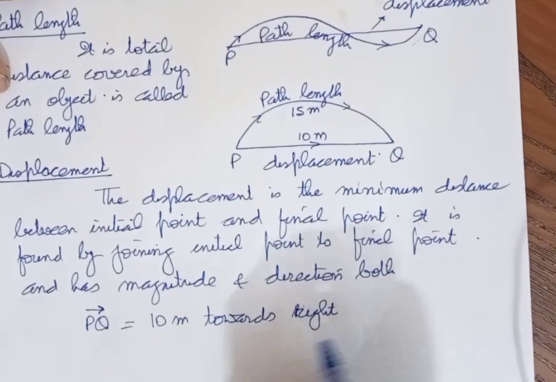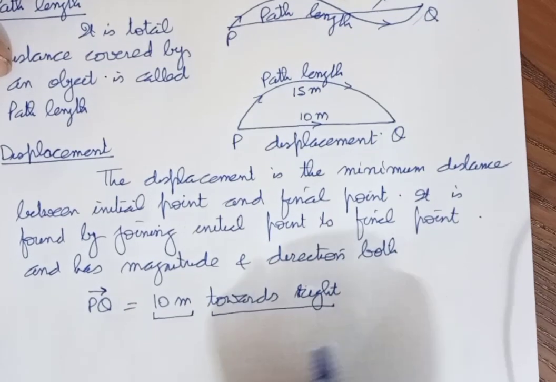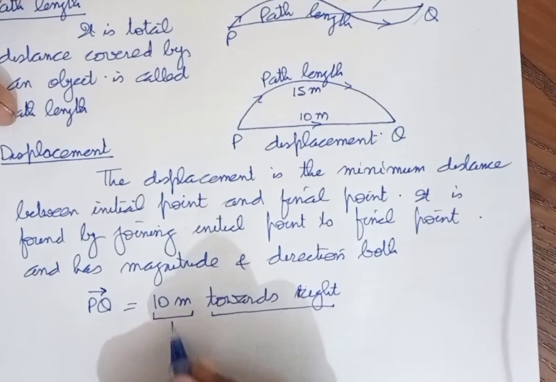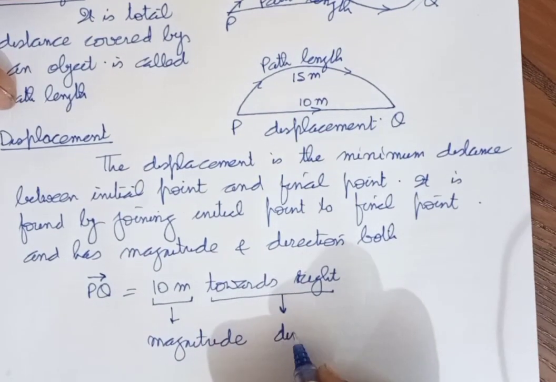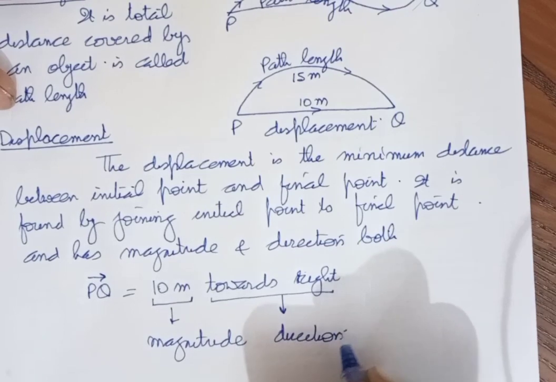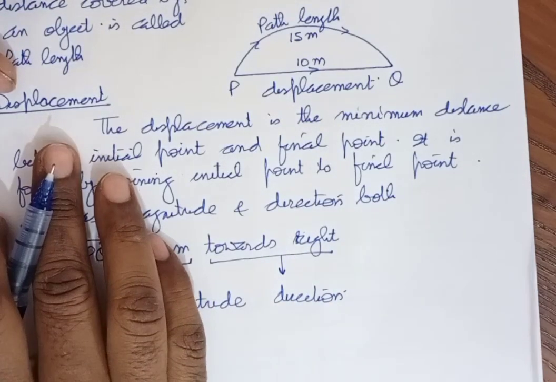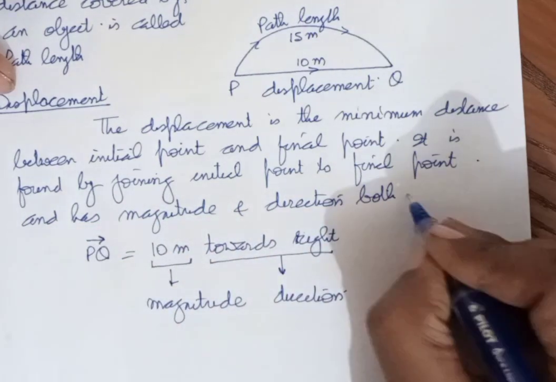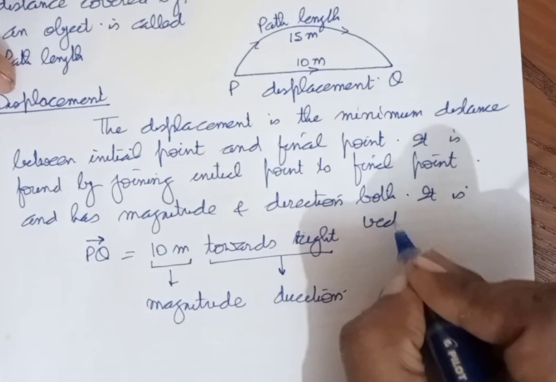The things which have magnitude, a number or digit along with direction, are known as vector quantities. That is magnitude, a kind of number associated with something, and this is direction. So displacement is a vector quantity.